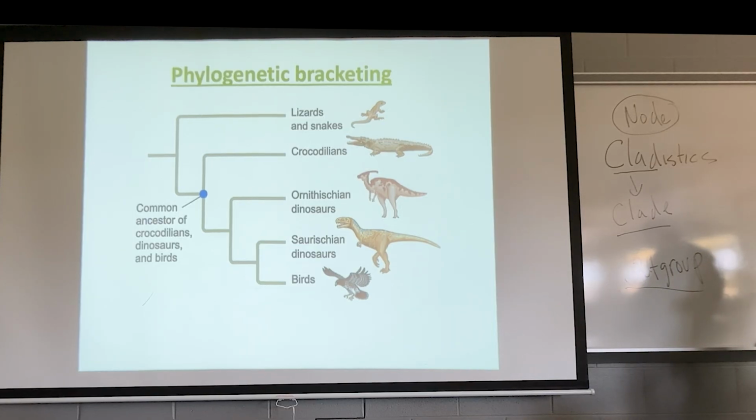Okay, phylogenetic bracketing. What does this mean? Phylogeneticists do this a lot. So we have lizards, snakes, birds, and crocodilians. And now I've told you birds are reptiles now, right? Why are birds reptiles? Because they are direct descendants of Saurischian dinosaurs, which include archosaurs.